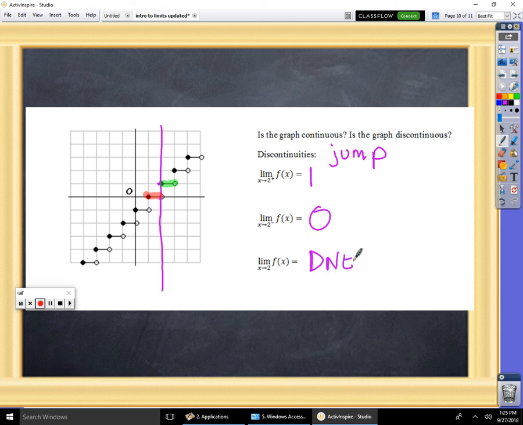Now, trick question. Ready? I would like to know the value at 2. It is 1. Why did you choose 1? There's not a value here, but there is a value here. Cool? Yes. All right. I'm very proud of you.